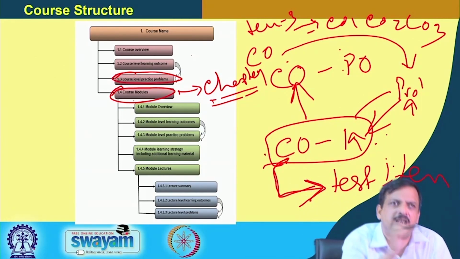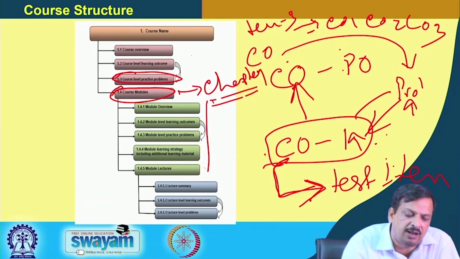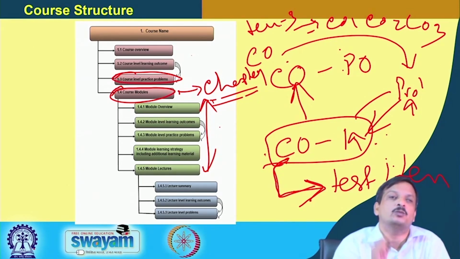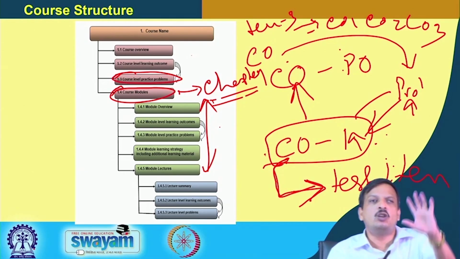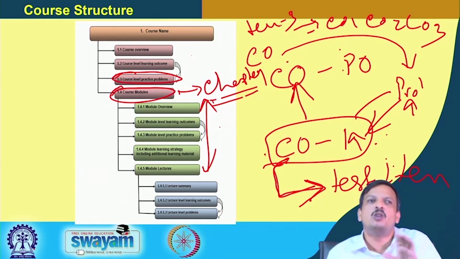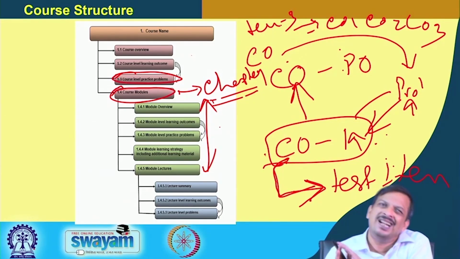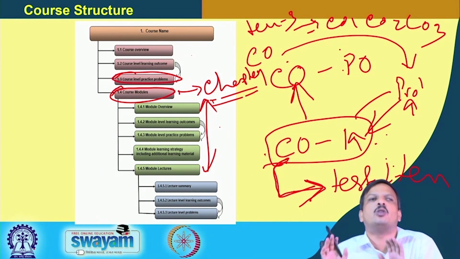Once you include the chapter, each chapter or module consists of several things. What is there? Module overview. What is module overview? Course overview, motivation plus coverage. How does this module fit into the course and what is the coverage of the module.